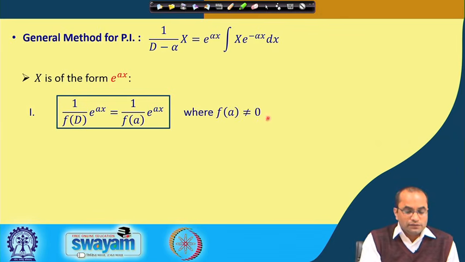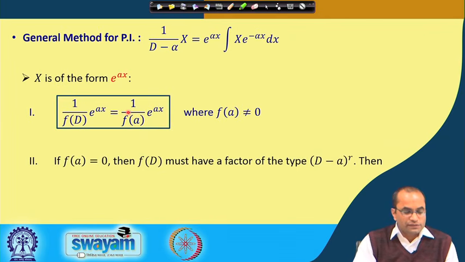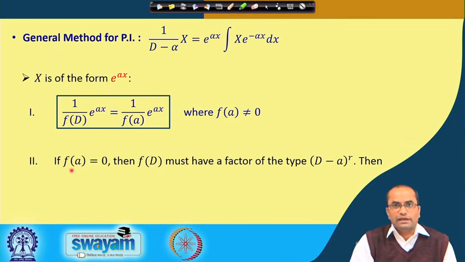But the point here was that f(a) must not be equal to 0, otherwise we cannot do that. In the case when f(a) is equal to 0, we realize that f(D) must have a factor (D minus a) power r, because that is the reason we are getting f(a) equal to 0.